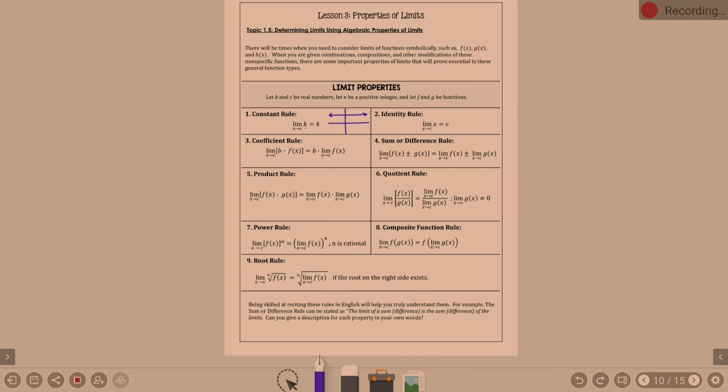Y equals a number, it's a horizontal line, yes? So this is just saying that the limit of k is equal to k, because if you're on here, this whole line is k, you're always approaching the y value of k, because you're on that horizontal line. That's all it's saying. And the key is to just realize if it's the limit of a number, it's going to equal that number.